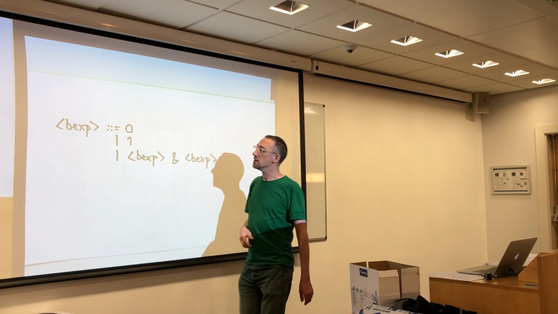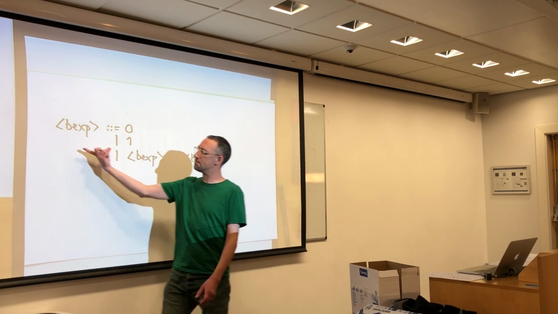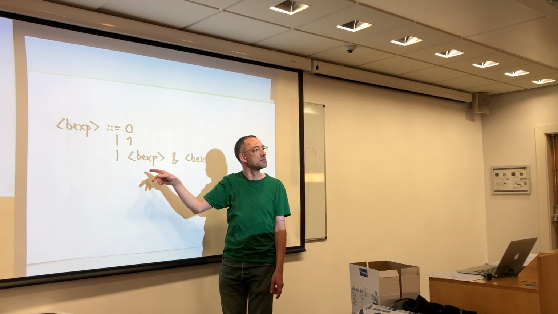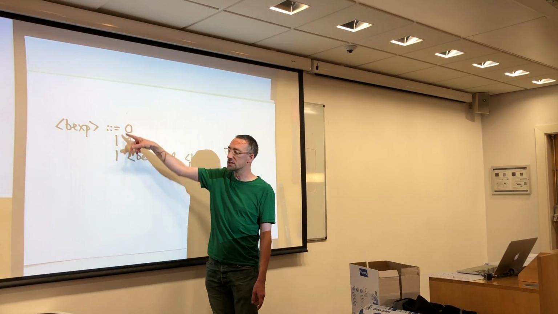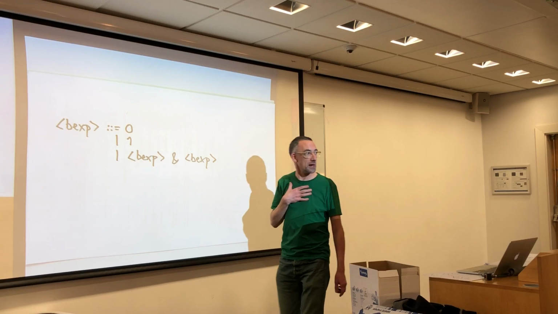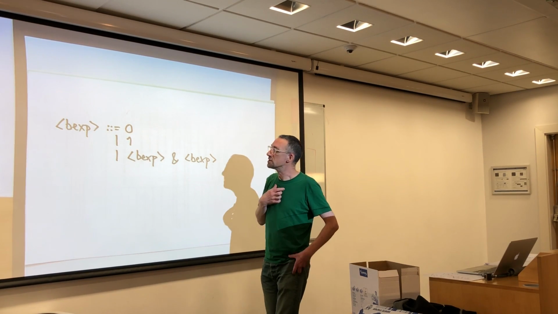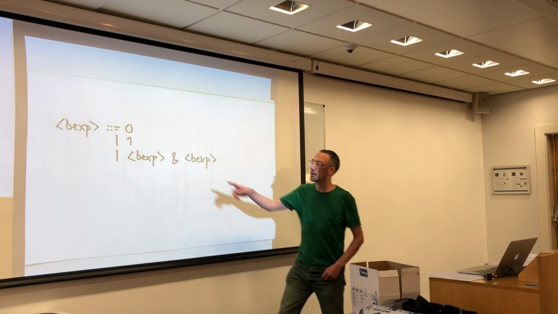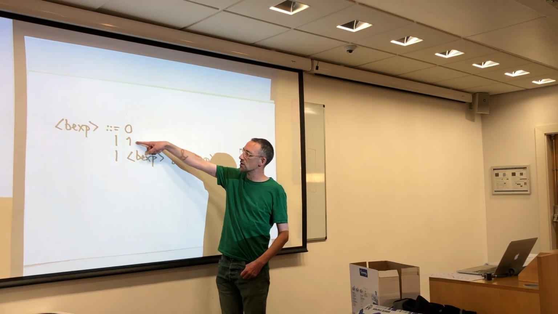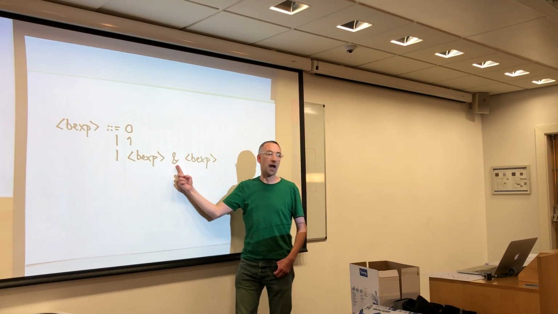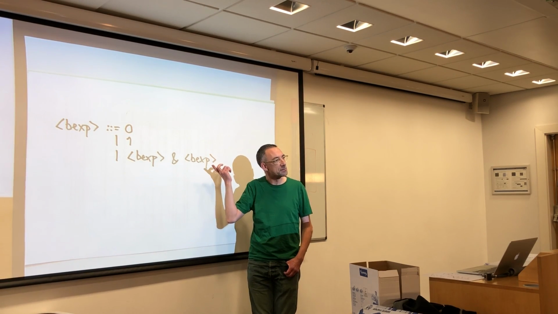So we're saying, there are such things as bexps, and here are the ways to make them. You've got a choice of three things. Okay, is this vaguely familiar? So what we're saying is a Boolean expression is either 0 or it's 1, or it's a Boolean expression then an ampersand then another Boolean expression.